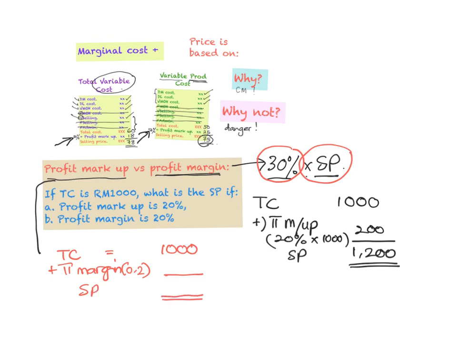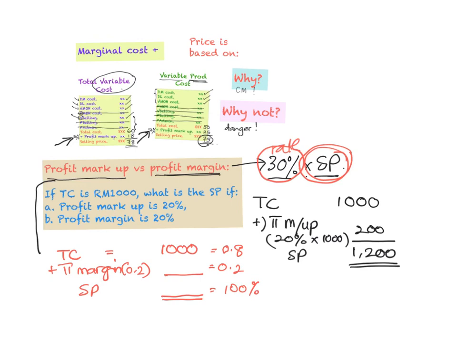So how do we calculate the profit margin of 20% if we still do not know the selling price? Because to use profit margin, the rate must be multiplied by the selling price. So we assume that the total cost here is actually 80%, profit is 20%, and the selling price is 100%.